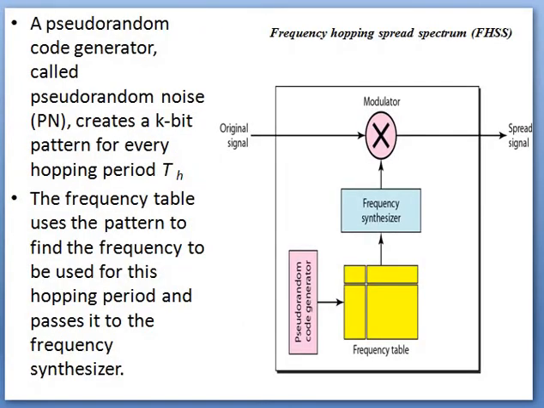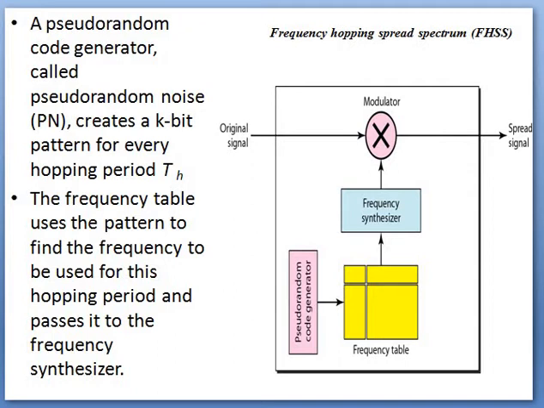This diagram shows the general layout of frequency hopping spread spectrum. A pseudo-random code generator, called pseudo-random noise, creates a k-bit pattern for every hopping period T_H.